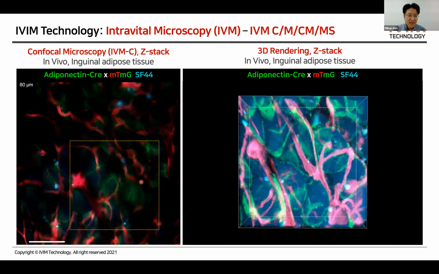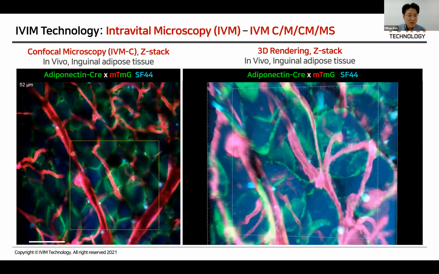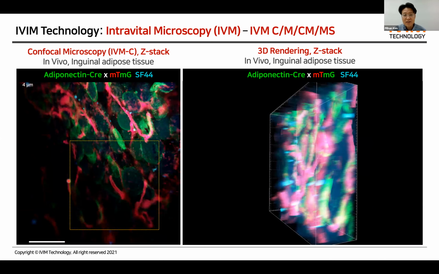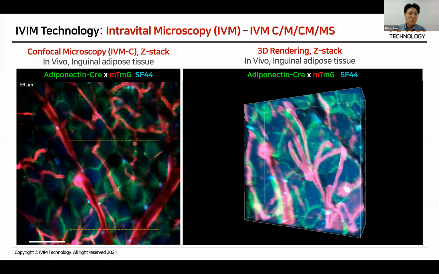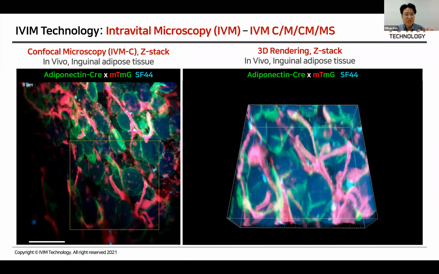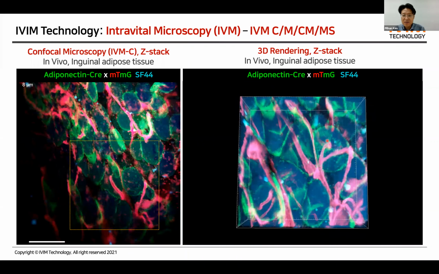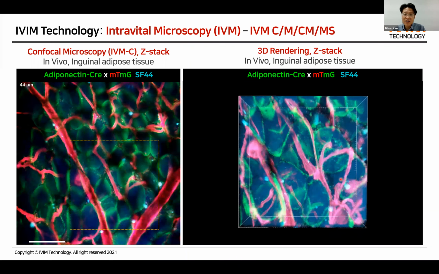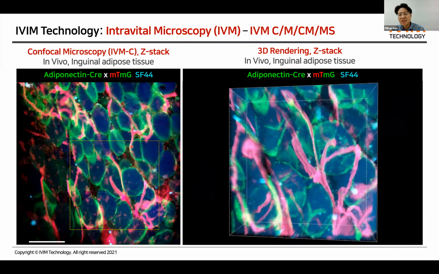As you can see, the green is adipocytes, and the red is mostly blood vessels and some other stromal cells as well. We can get very high quality, very high resolution 3D images from this adipose tissue. And as you can see in this right video, we can get very high quality 3D rendered data from this Z-stack imaging data.